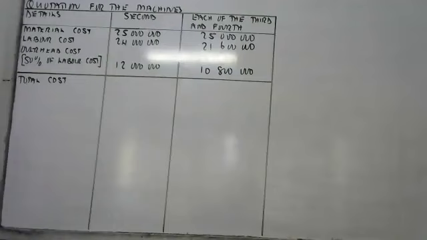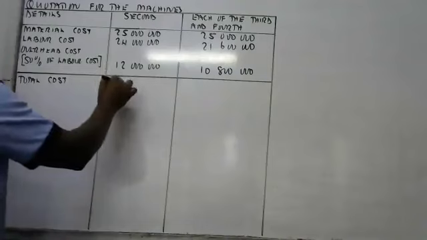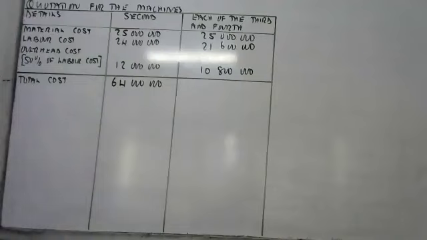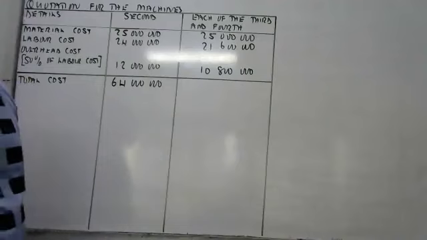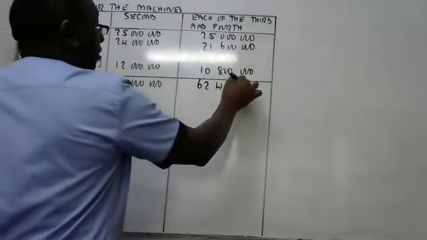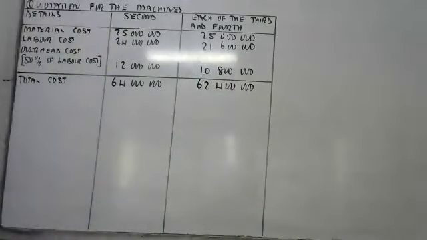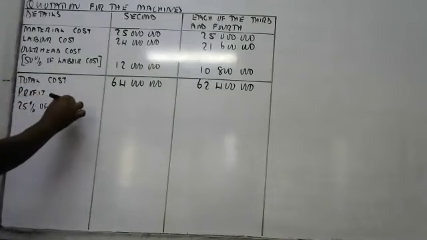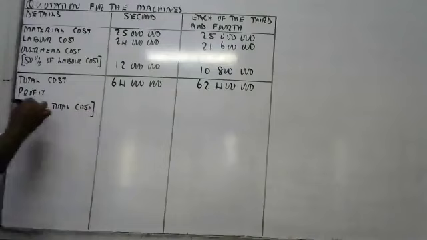The first one is 64. The second is 62,400. After that, we get the profit. And profit, we are told, is 25% of total costs. That is what we call the markup.